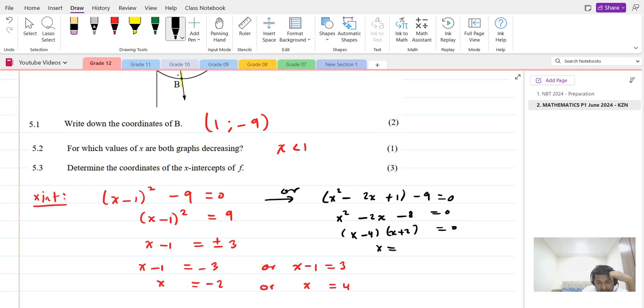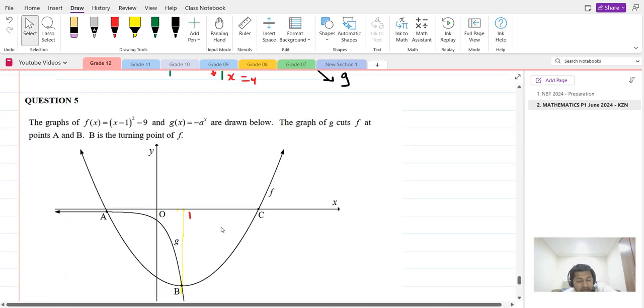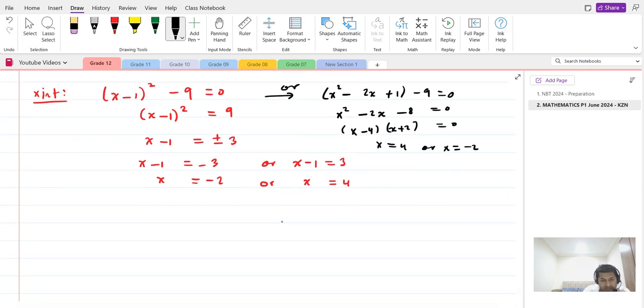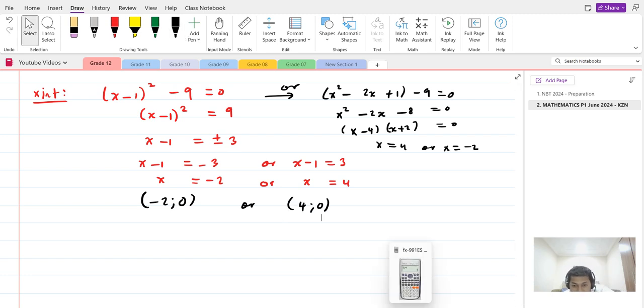So x is equal to 4, or x is equal to negative 2. So we get the same answer. Determine the coordinates of the x-intercepts. They want the coordinates, so write it in coordinates: minus 2, 0, or 4, 0 in coordinate form. Next question.